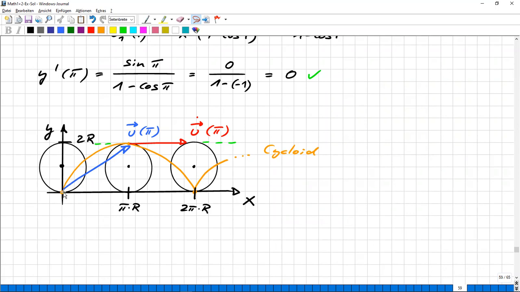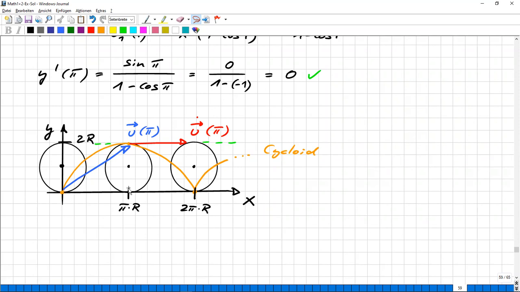Let's check it. Imagine this circle has performed a half rotation around its own center. It means that this mark is meanwhile in this position here. Since the circle rolls along, it rolls a distance corresponding to its own circumference, but by arriving here it has only rolled along half its circumference.